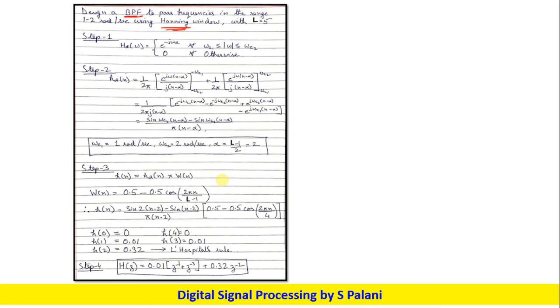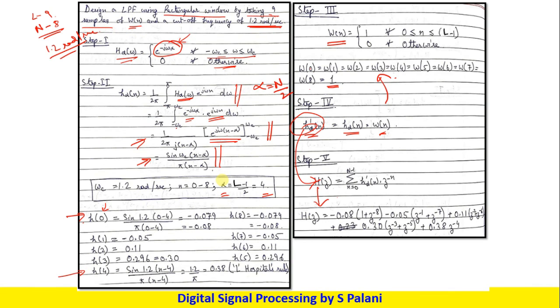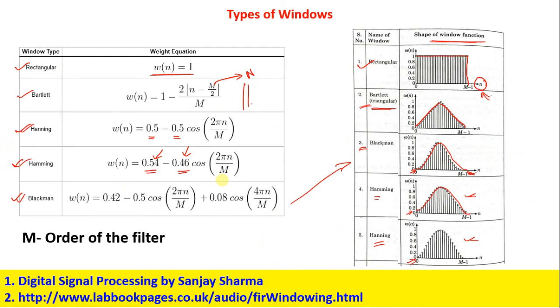Thereafter, once you practice this, go to these equations and calculate the coefficients for the Hanning window. Your N would be capital N equal to 8, so the length will be 9.